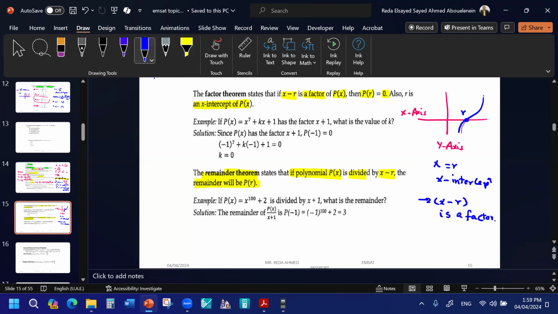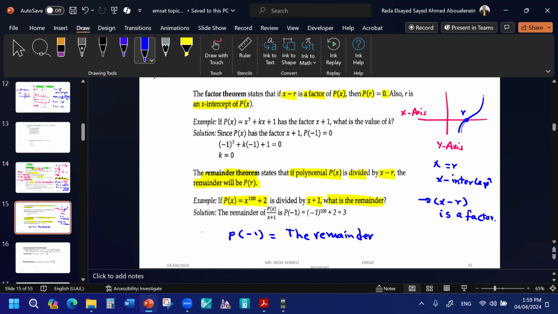So if you have P of x equal x to the power 100 plus 2 and it is divided by x plus 1, and they ask you for the remainder, the remainder will be P of negative 1. This is the remainder.